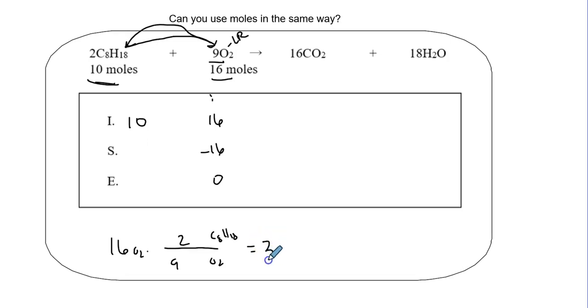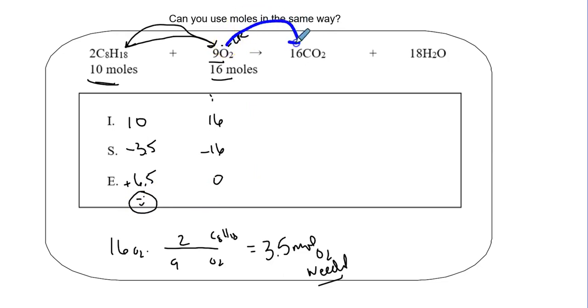Easily made it. 3.5 moles of O2, and that's needed. That's important to understand, just the general idea. Minus 3.5, which is 6.5 in excess. All right, and I can just jump to everything else. Everything goes off the limiting, obviously. This goes to there. This one goes to there.